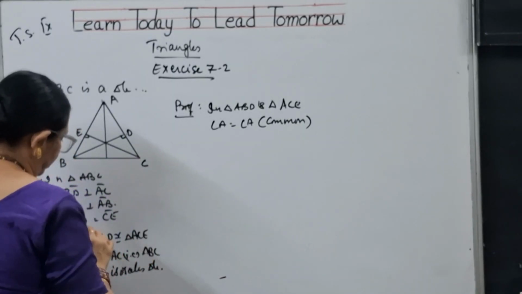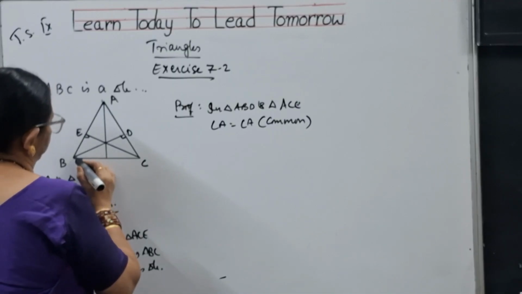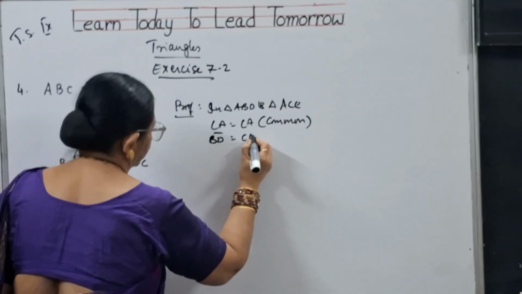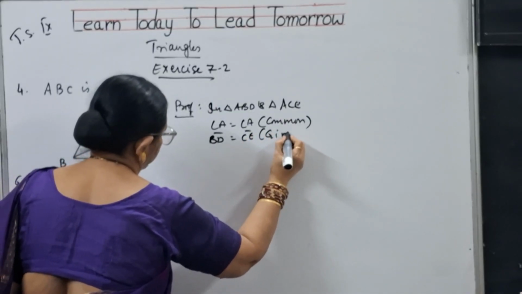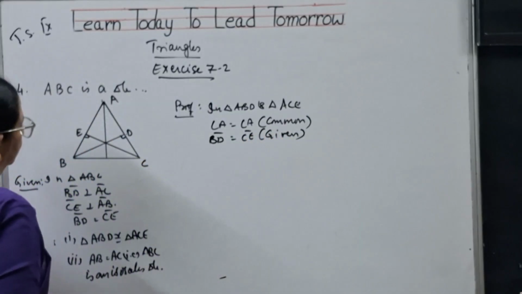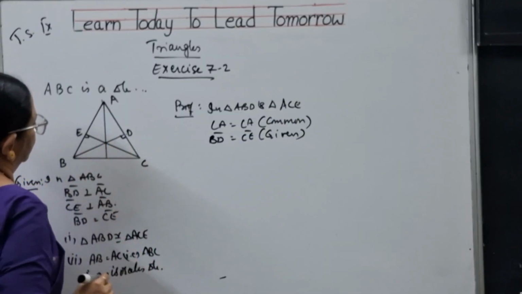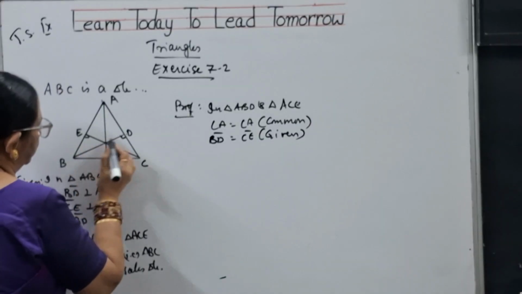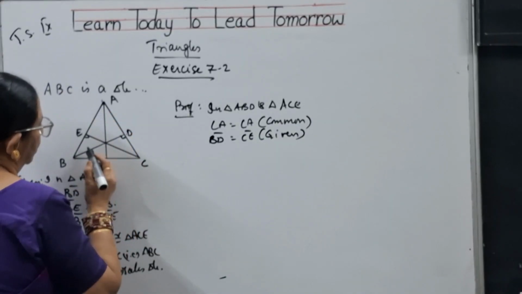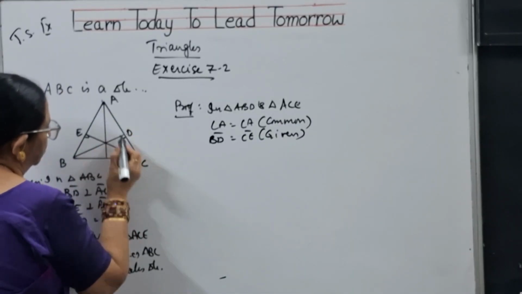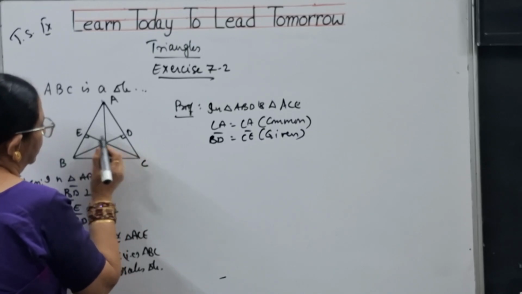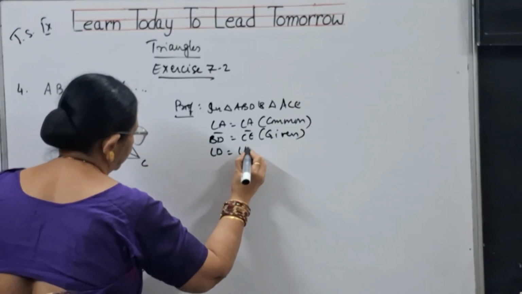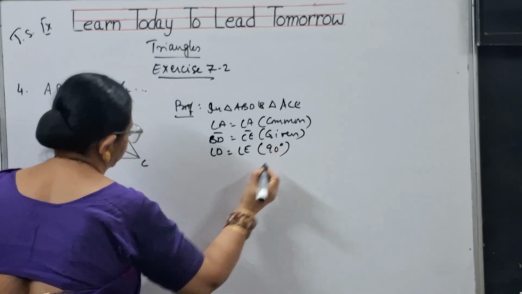And what else? They said BD is equal to CE. This is given to us. BD is equal to CE, you have got. And what else can you say? See children, in triangle ABD, angle D, and in triangle ACE, angle E. Angle D is equal to angle E, 90 degrees.